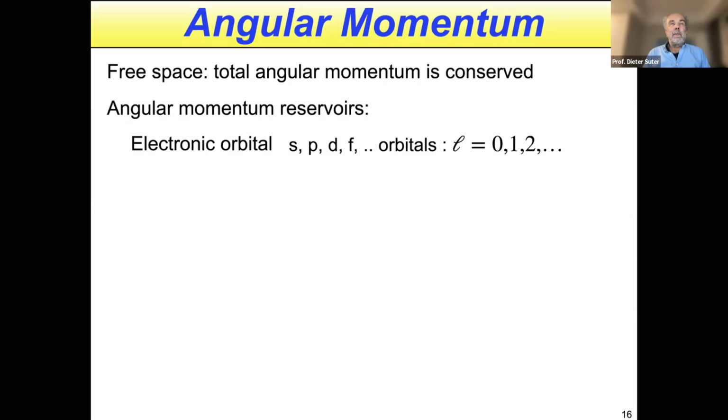That depends whether the electrons that we consider are in an s, p, d, f or so orbital. That means they have an angular momentum of 0, 1, 2, 3, and so on. That's one important source. Then we have, of course, the electron spin and the nuclear spin. These are the most important ones for magnetic resonance.